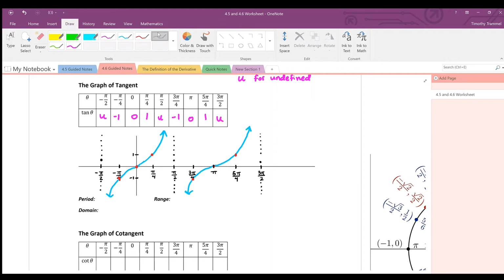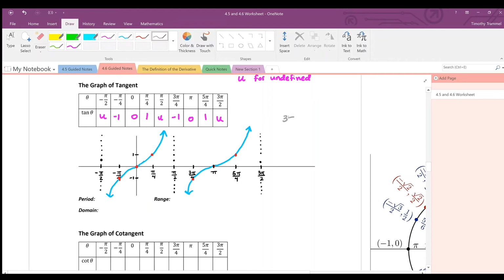All right, the next thing that we want to fill in here is the period, the domain, the range. And so again, you can actually see the period here is pi. If you were to subtract any of these endpoints of where the asymptotes are.